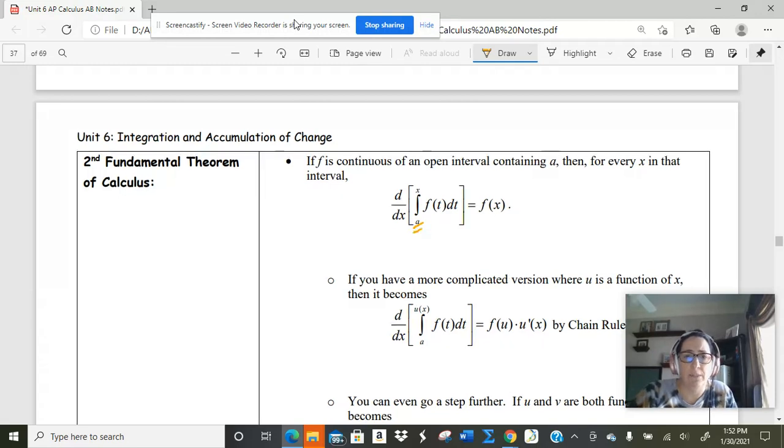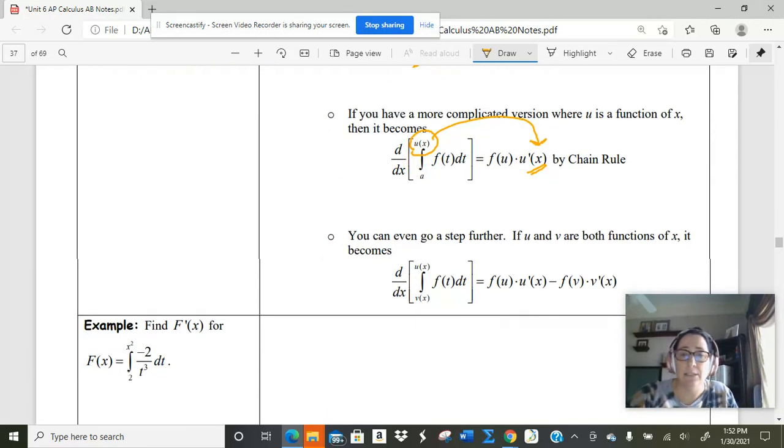So if I go from some number to a variable, or a function of x, we can say it, okay? So we just get out what that inside is. However, if it's not just the x, if it's like the 2x or an x squared, we have to apply the chain rule and also multiply by the derivative of what that bound was.